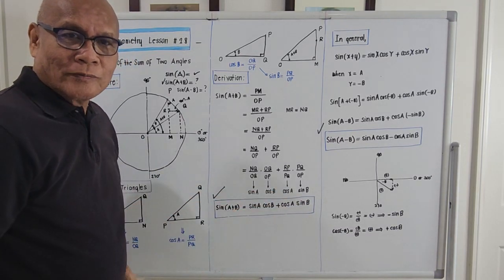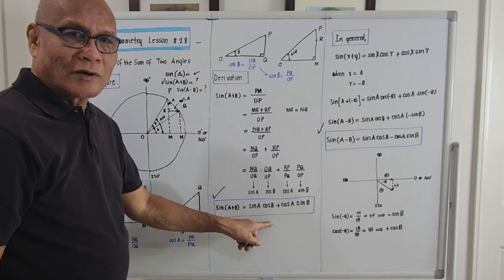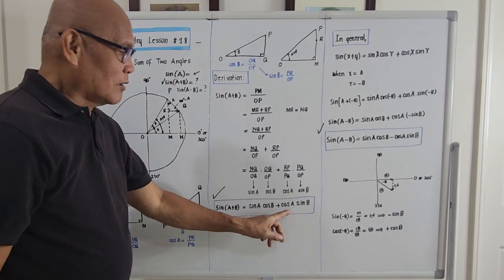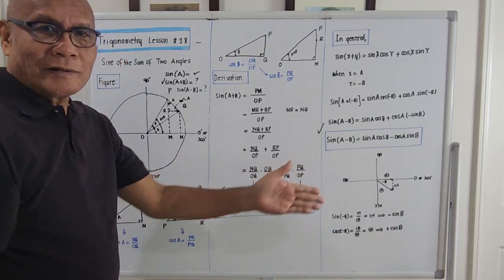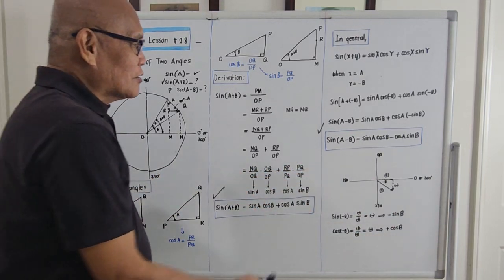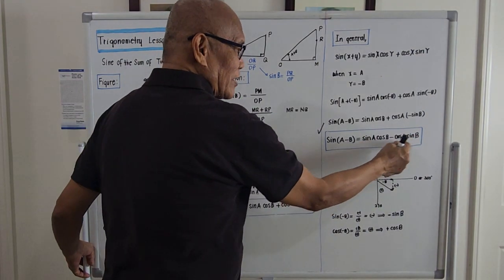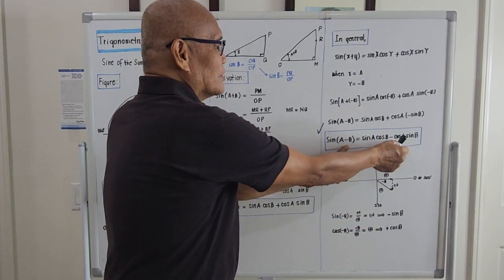That's my code. Meaning I will take the sine of the first angle, cosine of the second angle. If this is plus under sine, this should be plus: cosine of the first angle, sine of the second angle. For the negative sign, I could still memorize it. It's still sin cos cos sin, but if it's under minus, this should be minus.